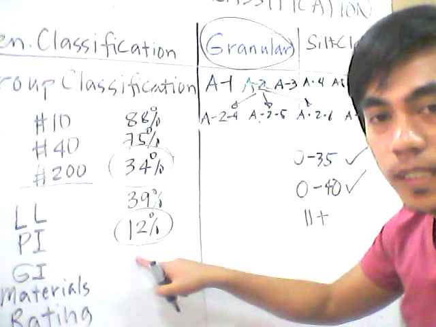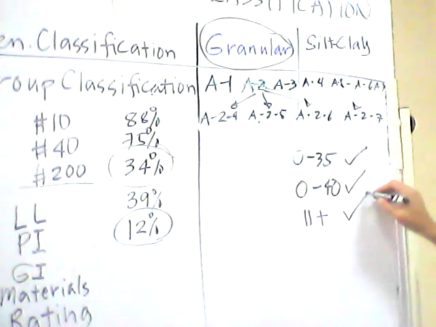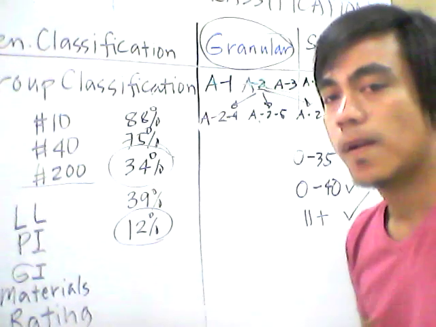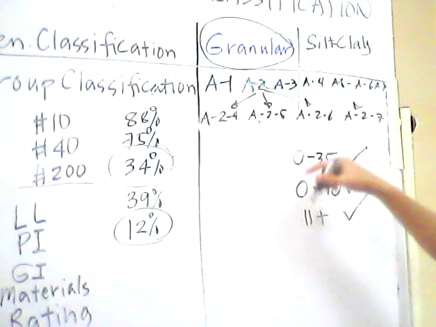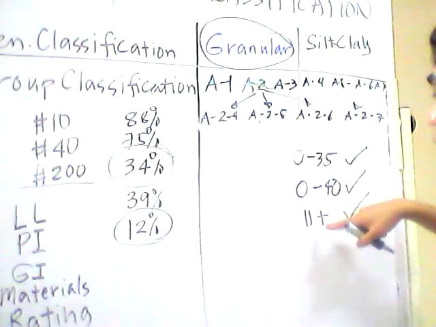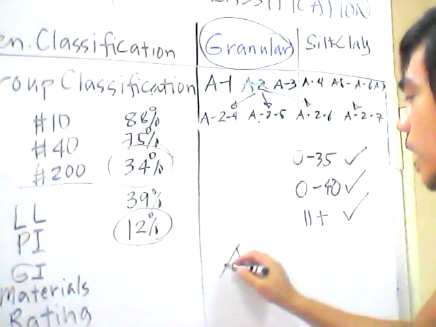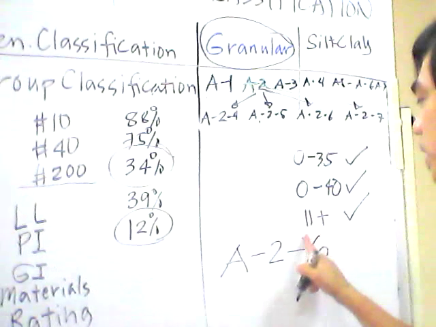Our data is 12% PI, therefore this is okay. So we are done. These three requirements are met, therefore our soil is A-2-6.